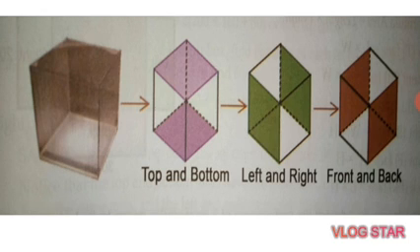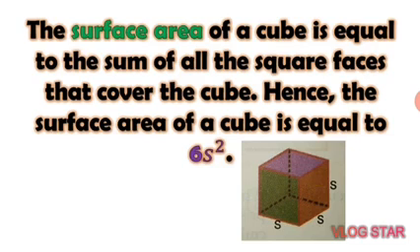Since a cube has 6 equal faces, or 6 square faces, then to get its surface area, the formula would be 6 times s squared. So the surface area of a cube is equal to the sum of the square faces that cover the cube. Hence, the surface area of a cube is equal to 6s squared. Why 6?